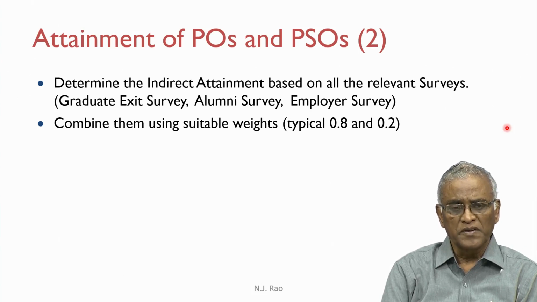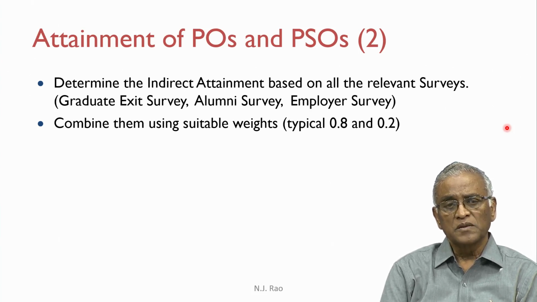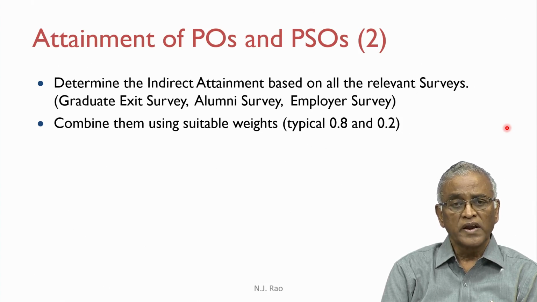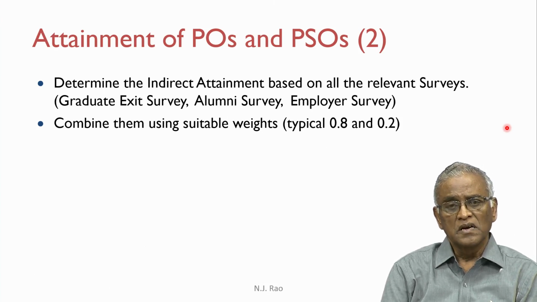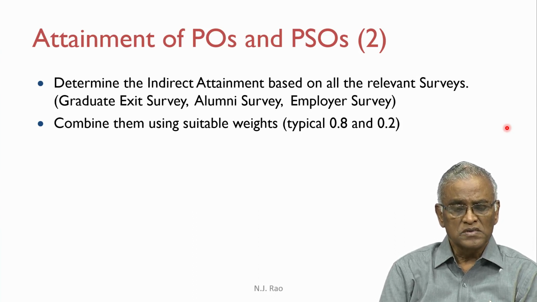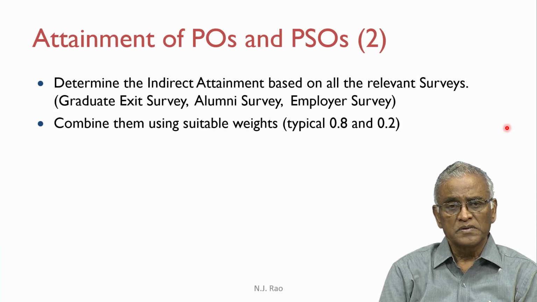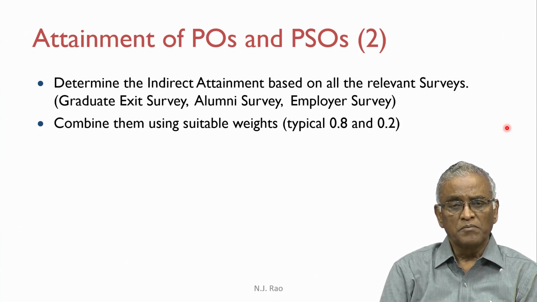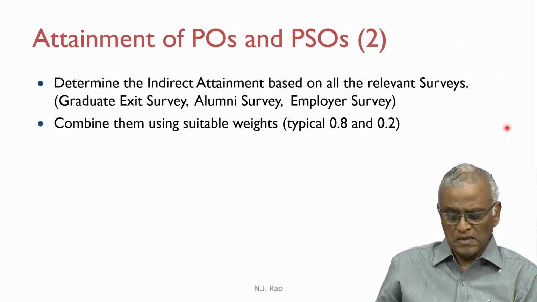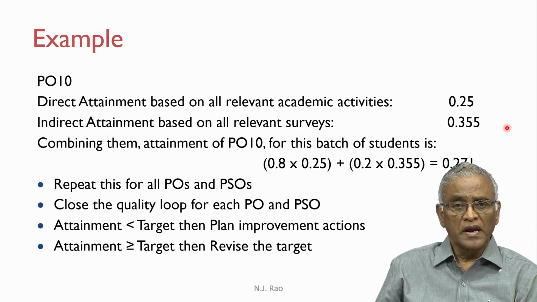Some of them could be difficult, but we have to set the processes in place to get some data from the employers and the alumni. We combine them using some weights, typically 20% to surveys and 80% to direct attainment. And once we combine the two, then we get the actual attainments.